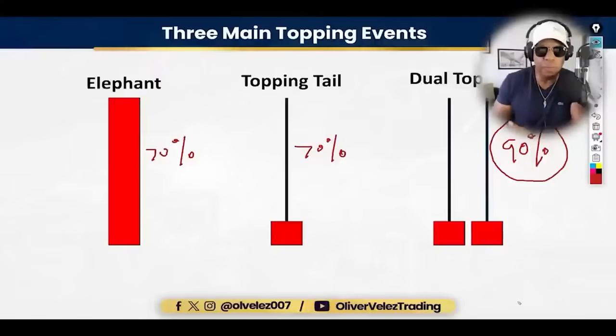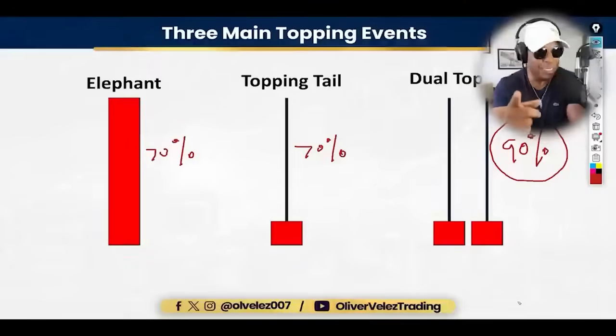This is one of the most guaranteed topping formations you will ever experience in the market. This is the type of formation where you go to your neighbors, you go to your relatives, you borrow as much money as you possibly can and bet the farm. Now, I'm only teasing. All right? This is edutainment, so it's not trading advice.